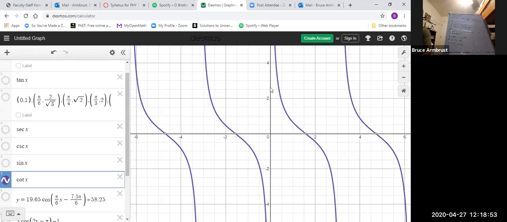It wasn't defined there. So there is no y-intercept. But in terms of the x-intercepts, well, they're now at the half pi's. So I'm going to write the same thing that we did for the domain of tangent, but this is going to be n pi over 2, comma 0, where n is odd.